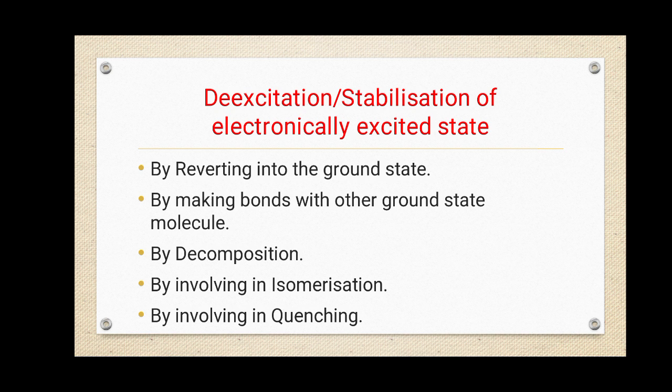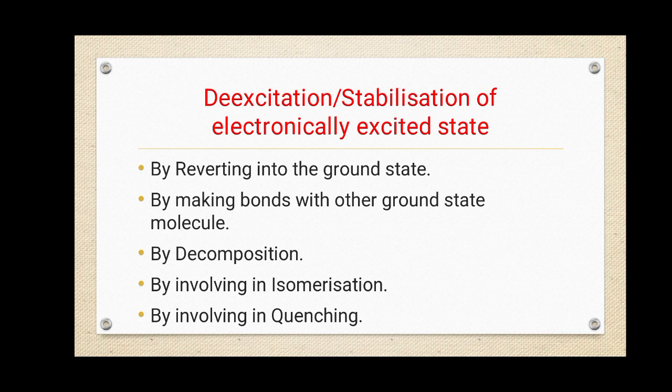So let us see this topic now: de-excitation or stabilization of the electronically excited state. By five different methods, the molecule can come again to the ground state. Initially the molecule will be in the ground state, which is stable.